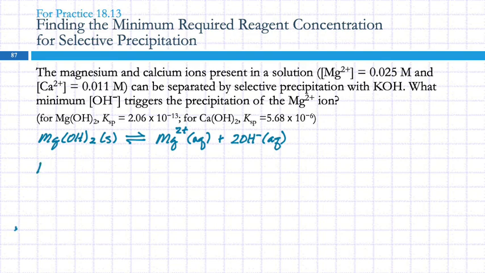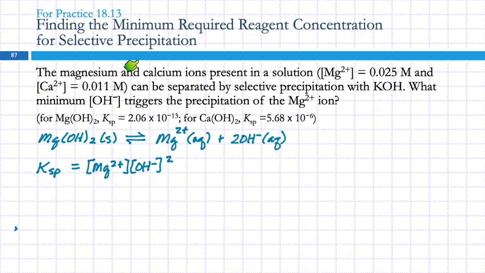So KSP for that magnesium hydroxide, bless you, is the concentration of magnesium times what? The hydroxide squared. So this will begin to precipitate when these concentrations match up with KSP.